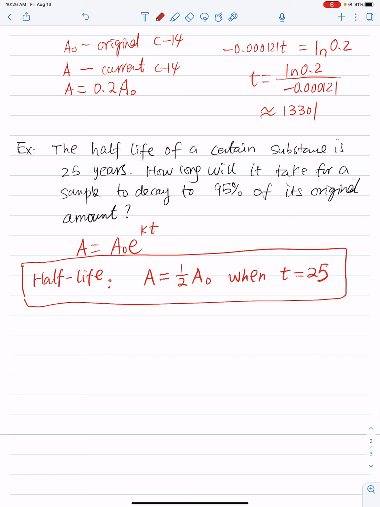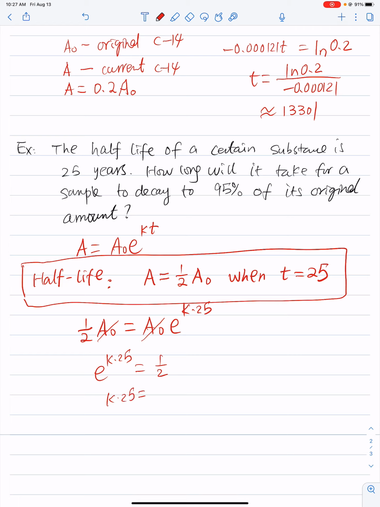After 25 years, your A will be half your original amount. Clear? So what do we have here? A half of A0 equals A0 e to the k times 25.